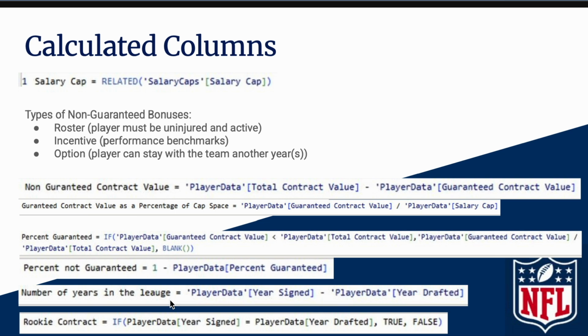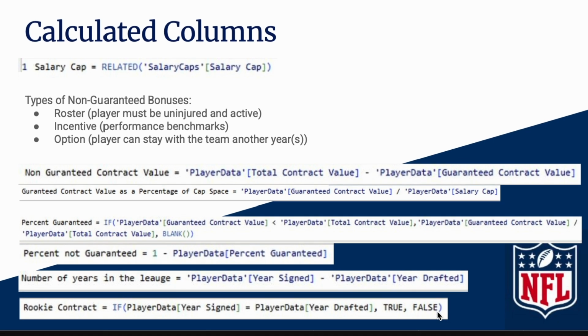Number of years in the league before signing the contract is just the year signed minus the year drafted. And then I've got rookie contracts as a Boolean variable we can use to filter with. It's true if it is a rookie contract, where the year signed is the same as the year drafted, and false otherwise.